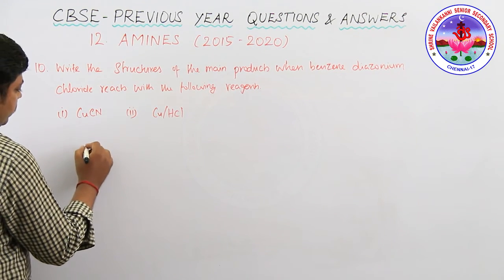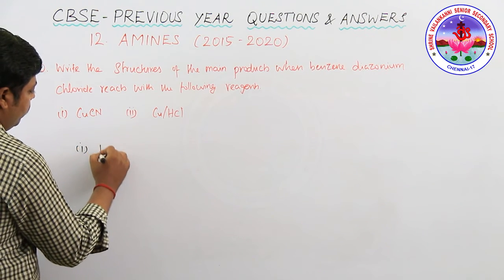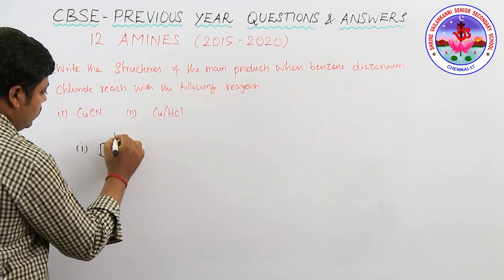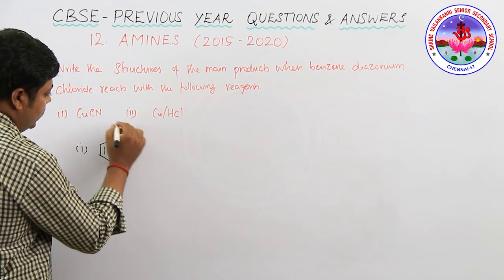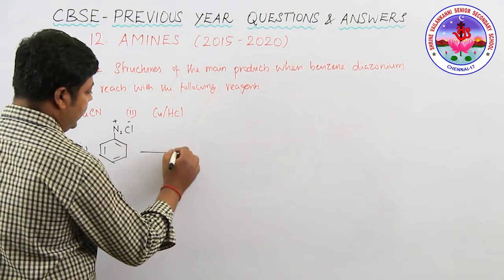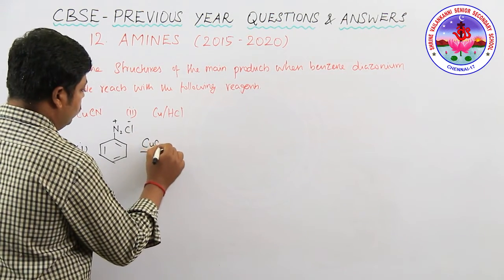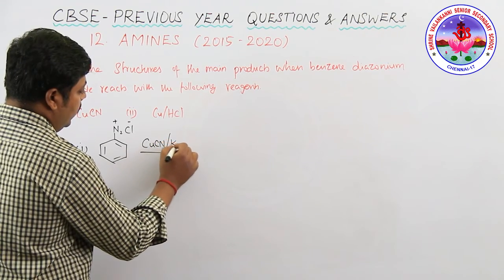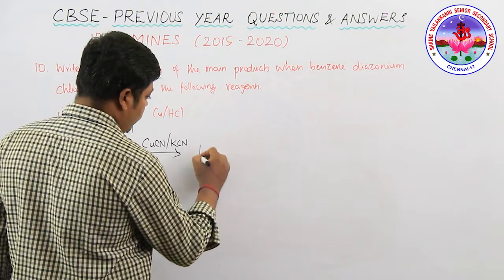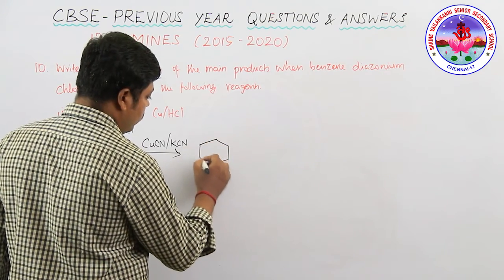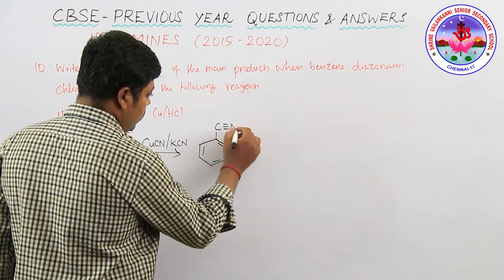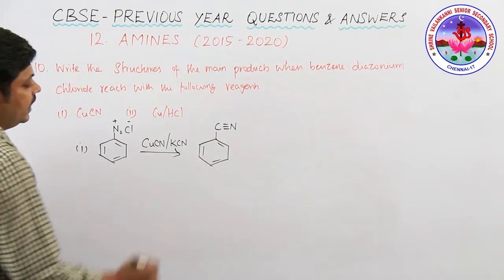The answer to the first question: benzene diazonium chloride, C6H5N2+Cl-, reacts with CuCN and potassium cyanide, and you will get benzonitrile.